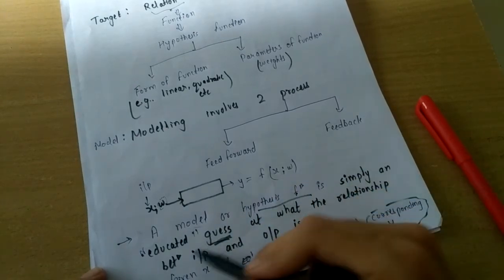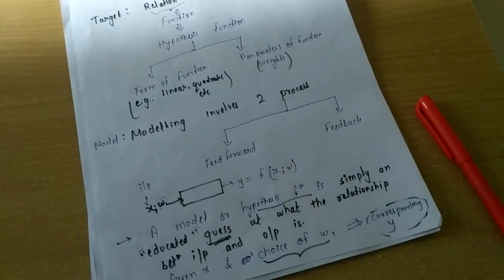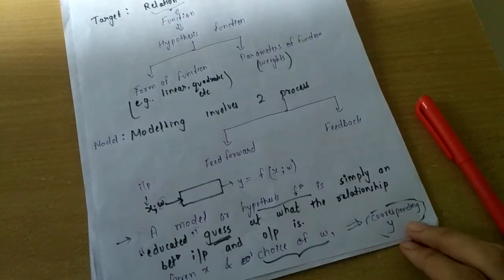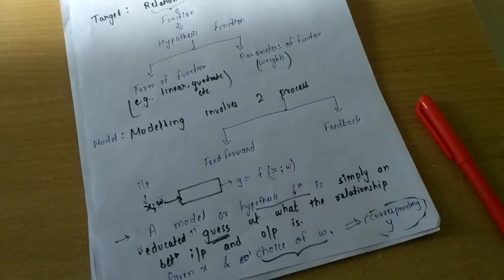It's also a guess. So we will choose another w, then find the output, then see if we have error or not. Then again we will choose, and this will go on like this.